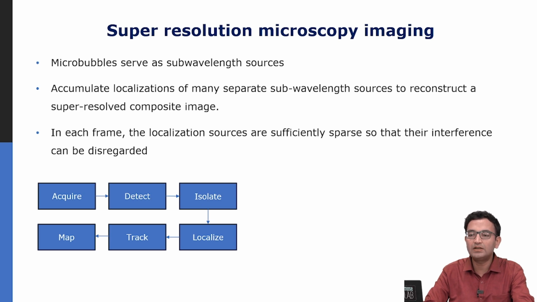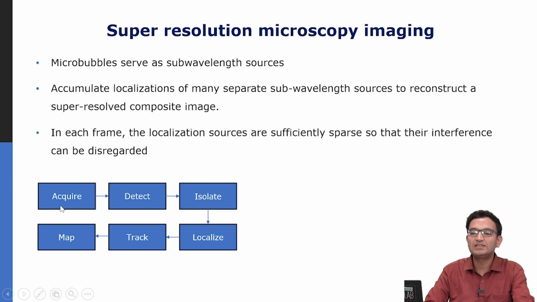Now, if we can look at the point spread function and localize the microbubble by looking at the pixel which has the highest intensity and then accumulate the localization of these pixels to reconstruct a super resolved composite image, then we can visualize microcirculation. So, in this case, what we need to do is we need to have a sparse distribution of microbubbles flowing through so that we don't confuse multiple clustered microbubbles as a single object.